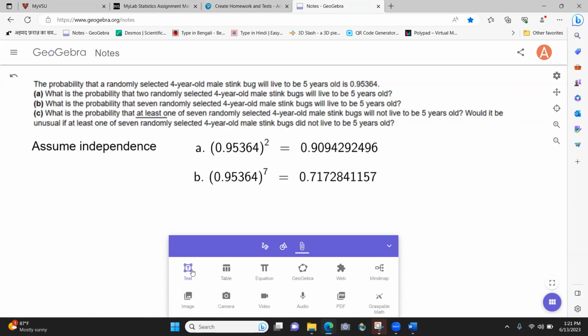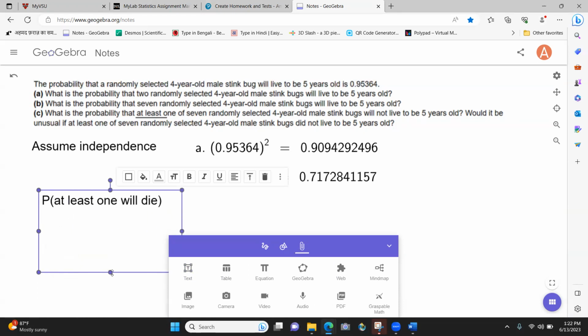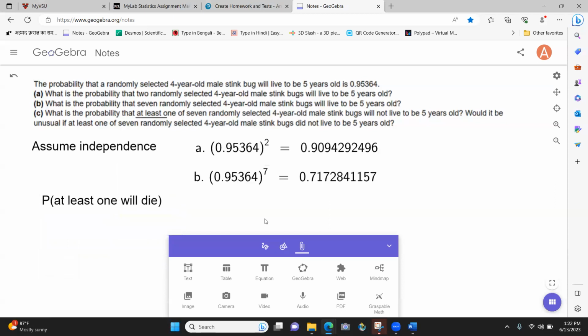Now, this one, I'm going to write it very carefully, okay? So what about this? The probability that at least one will not survive. You can write not survive. I'm going to just say die. The probability that at least one will die is the complement of the probability that they all survive. Got it?